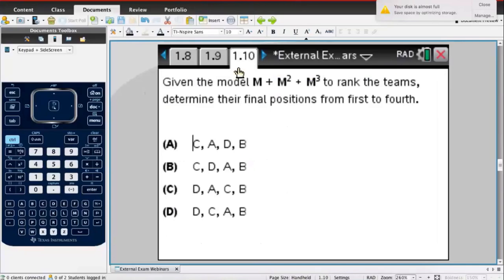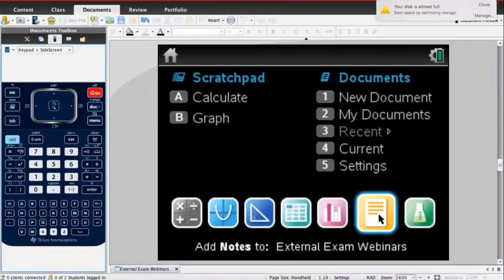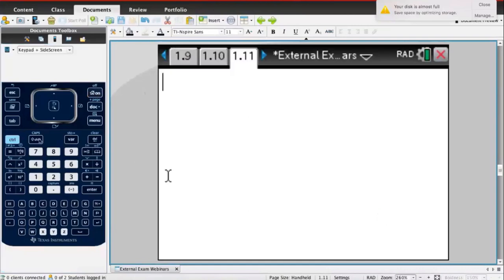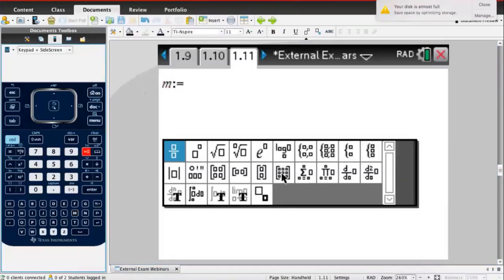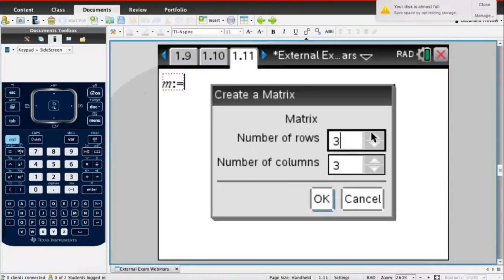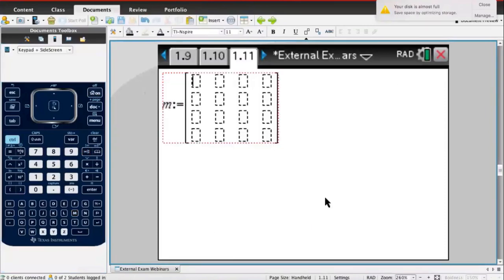So once again, if we go to a math box, and remember, Control M to get the math box in the notes page, I'm going to assign n as the matrix, and we need to click on the matrix tool there, and it was a 4 by 4. Okay, so we just need to put our elements in.